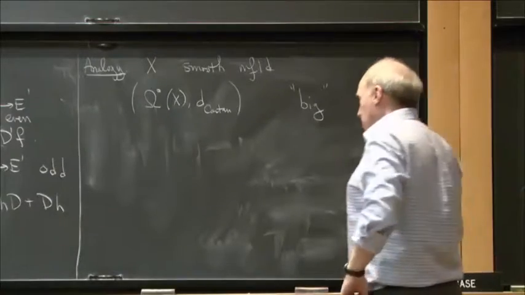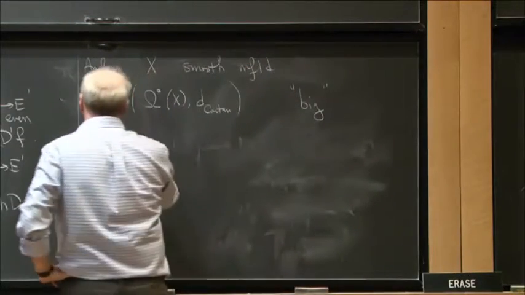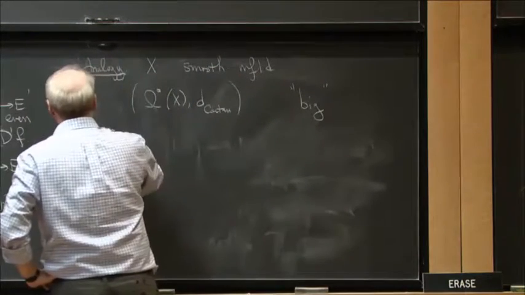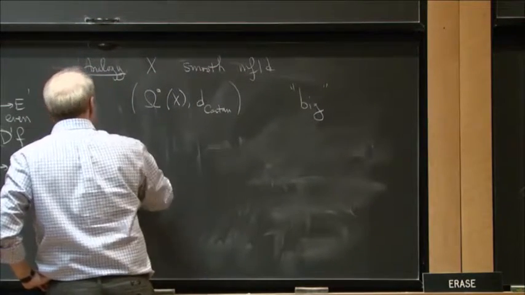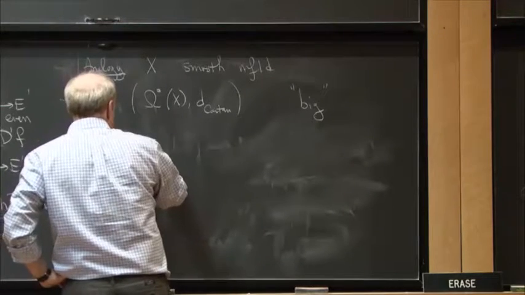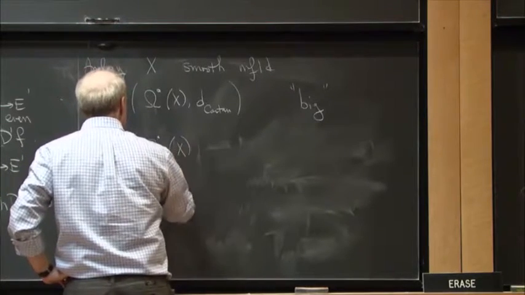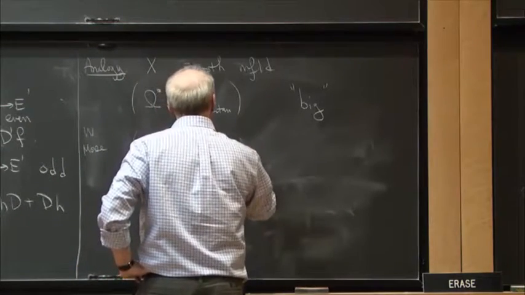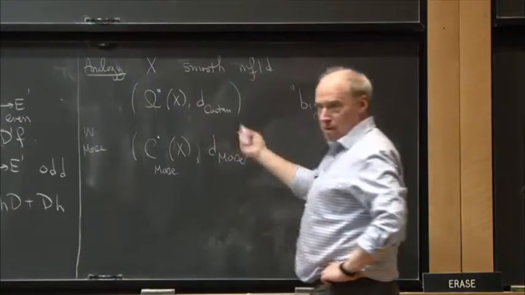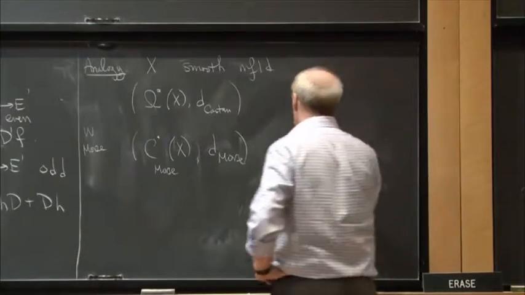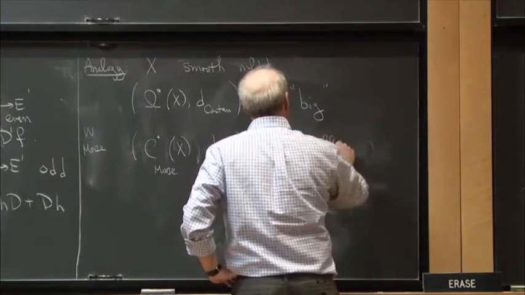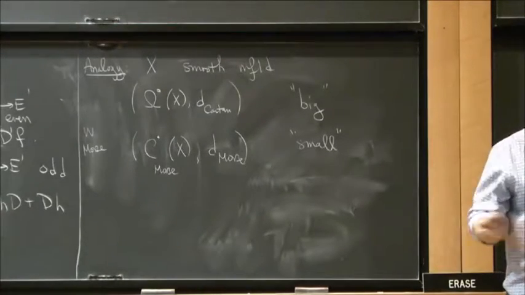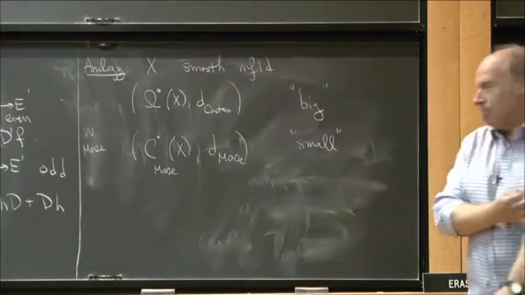So that's like non-semi-simple. On the other hand, if we have W, a Morse function, then we get a much smaller cochain complex, this Morse cochain complex. It has a differential, and that models the same real cohomology. So this is a small model. And so putting in a Morse function makes it semi-simple, it makes it much smaller.